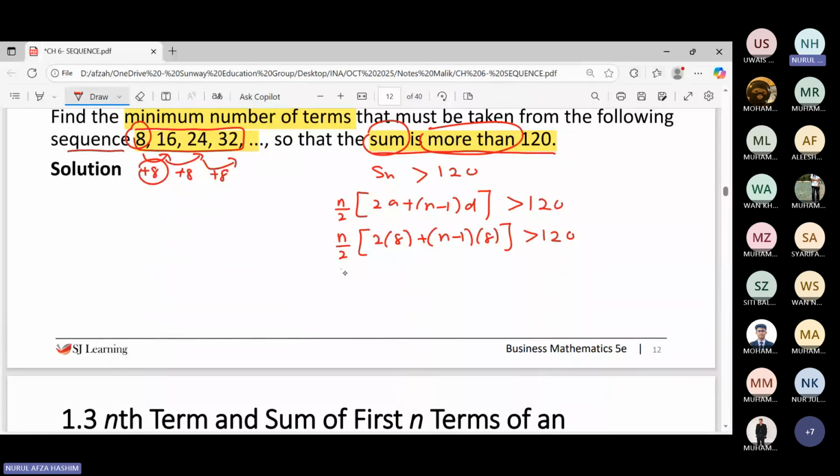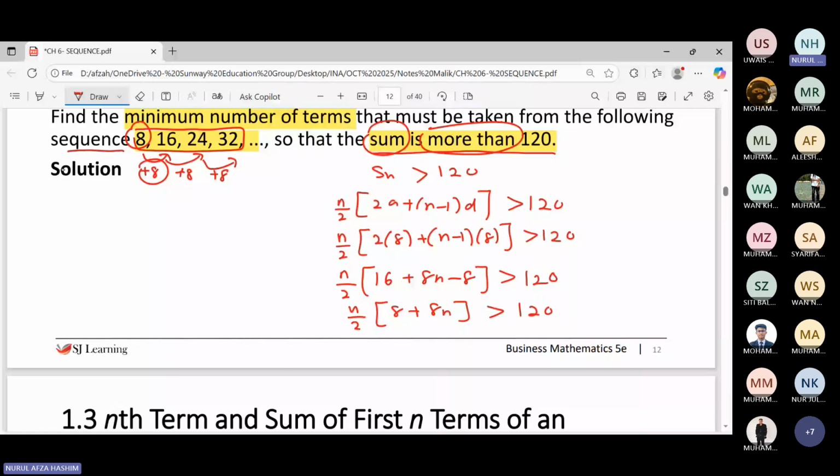Dia jadi macam ni. N over 2, 8 times 2, 16. Tambah 8n minus 8, larger than 120. So it's going to be n over 2, 8 plus 8n, larger than 120. And then you expand.